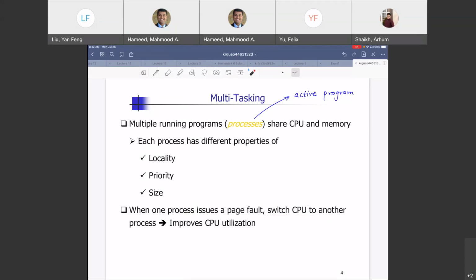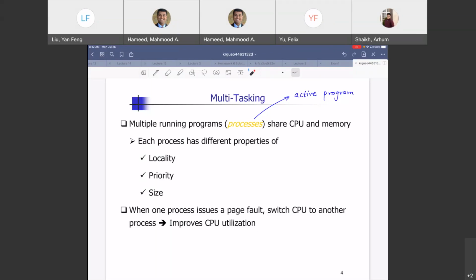You're trying to make sure that the CPU is in work mode as much as possible, so that is going to improve our CPU utilization. How do you do that? Well, you are going to launch more processes. If you have more options to work on while one process stalls, then you are going to have better CPU utilization. So in this case, it's a win-win, right? Why is it a win-win?